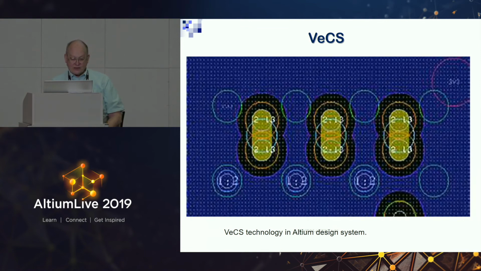This is his illustration, because it says right there, VECS technology and Altium design system. He actually uses an Altium design system, but Altium doesn't know anything about this, and you have to fight Altium to do this. So all of you, if you like this VECS, beat on Altium to make a VECS drop-down menu so that you can click on it, and it gives you the right artwork.